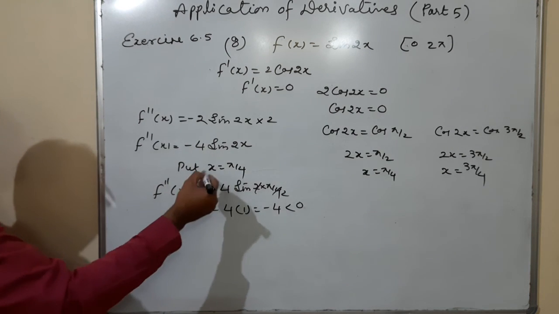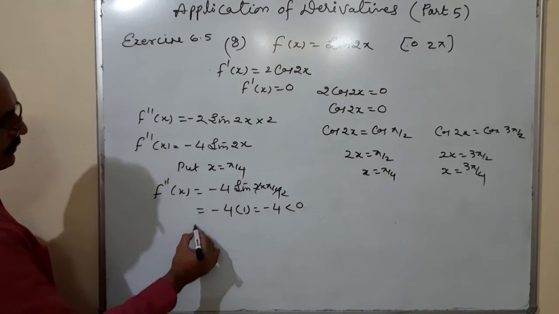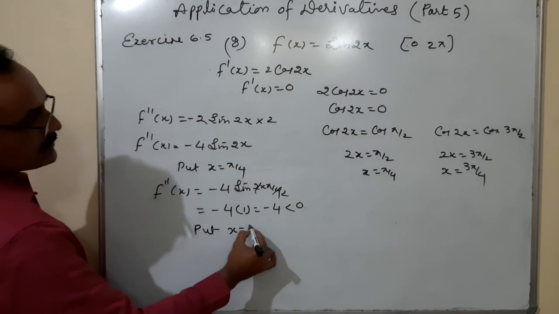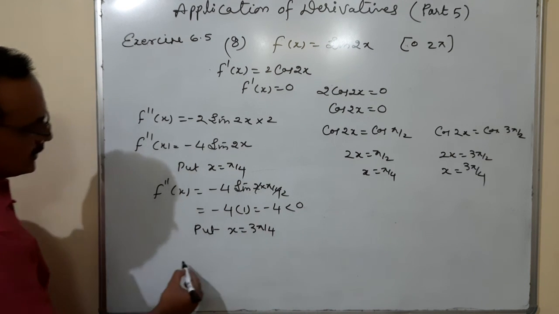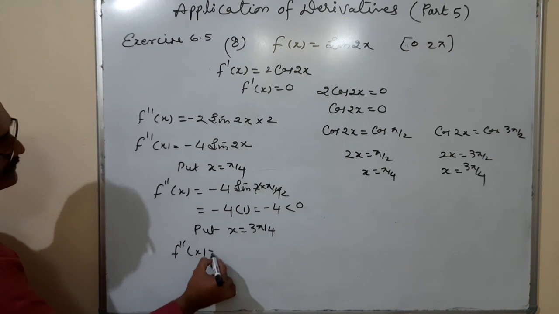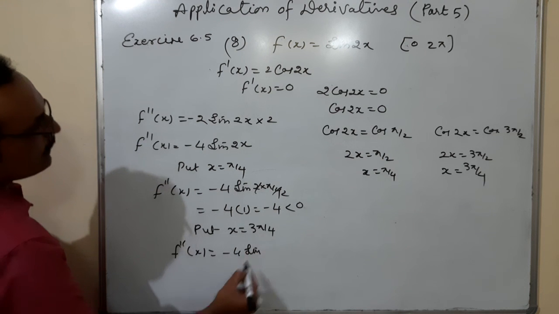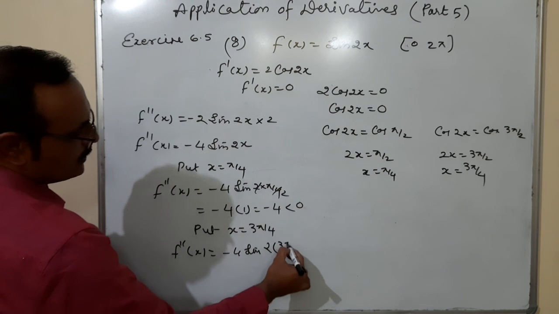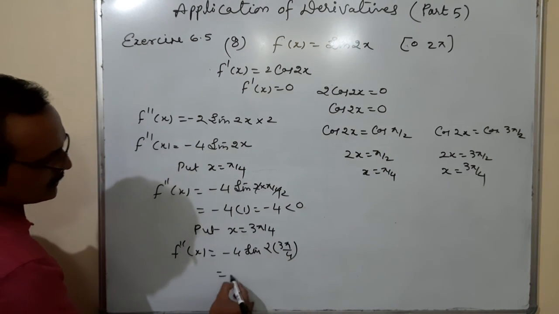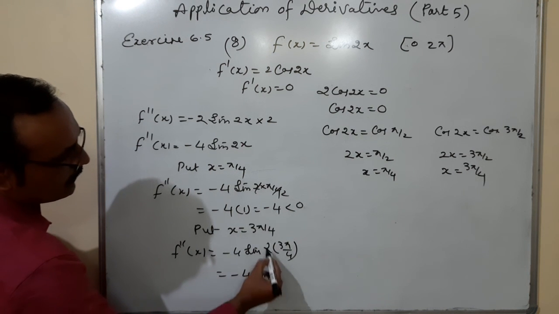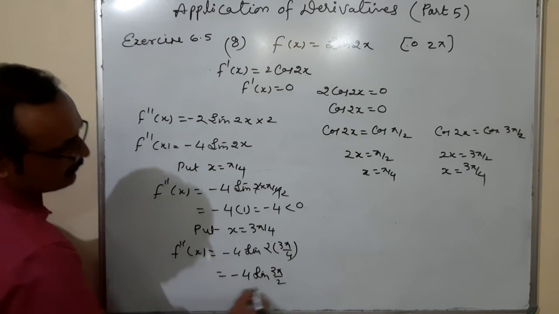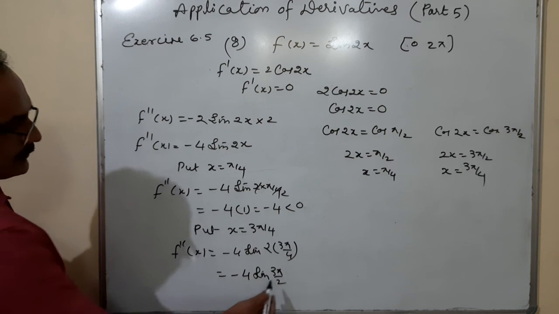And now let us check, put x is equal to 3 pi by 4. So f double dash x is equal to minus 4 sine 2 into 3 pi by 4. So it is coming minus 4 sine 3 pi by 2. What is the value of 3 pi by 2?